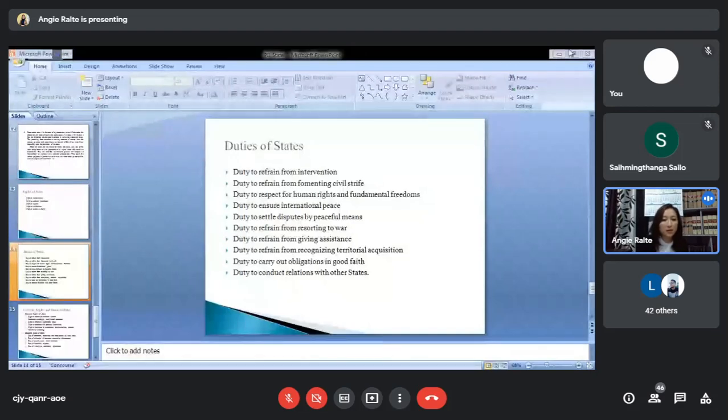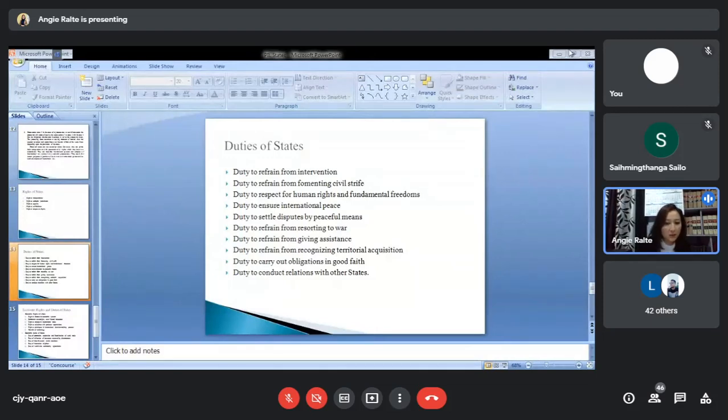It is the duty of the state to settle all disputes with its citizens by peaceful means. And the duty to refrain from resorting to war.